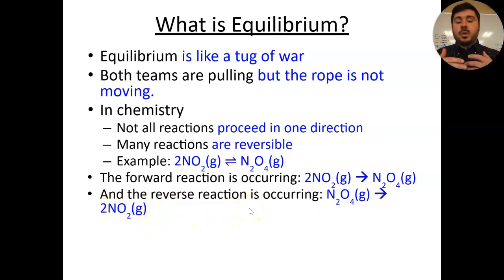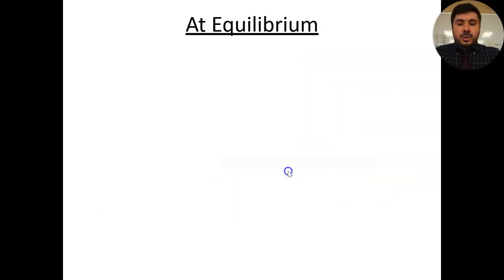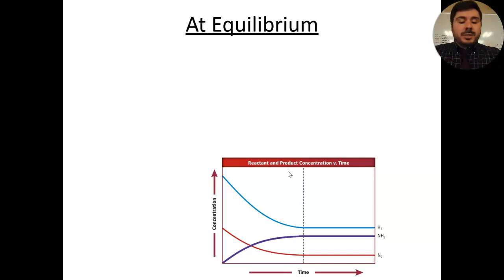But the thing is, those are happening at the exact same time. So in the same vessel, NO2 is constantly forming N2O4, and that N2O4 is constantly going in the reverse direction to form more NO2.